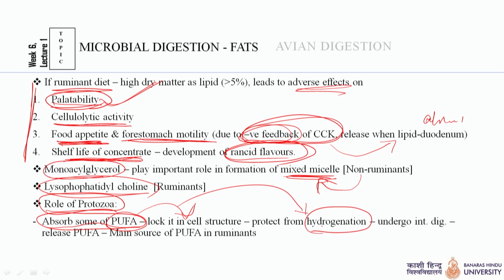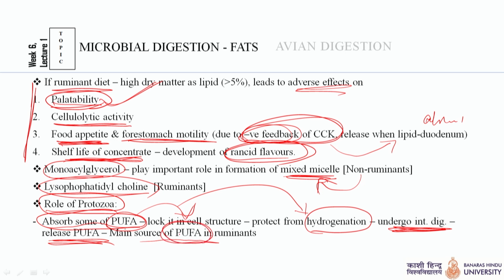So this PUFA, which is integrated into the cell structure of the protozoa, undergoes intestinal digestion, where it is acted upon by the enzymes as well as the acids in the stomach and the small intestine, and releases the polyunsaturated fatty acids. These PUFAs released in the small intestine are the main source of PUFA in the ruminants.